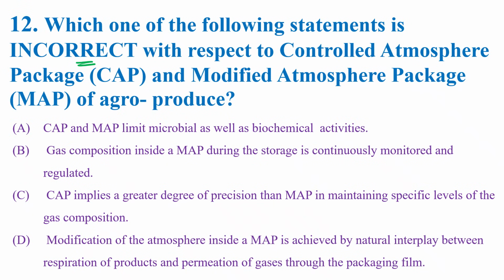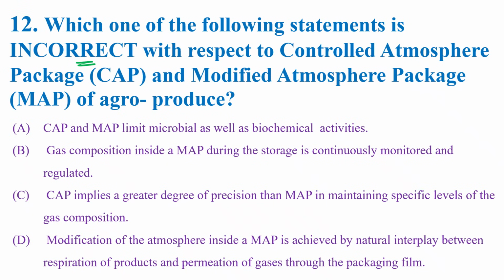So, controlled atmospheric packaging and modified atmospheric packaging are used to extend the shelf life of food products by altering the gas compositions like oxygen, carbon dioxide, nitrogen.